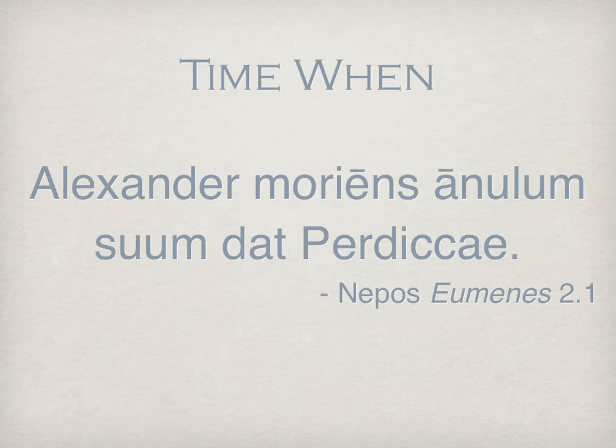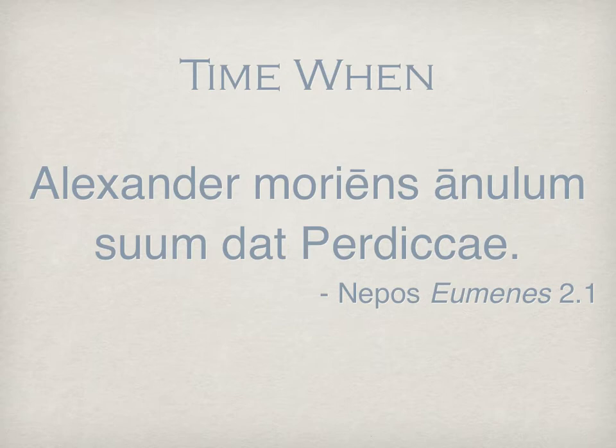Perdiccas was one of his generals, and this sentence says, Alexander, as he is dying, gives his ring to Perdiccas. The participle we could just translate as, Alexander dying, or the dying Alexander gives his ring to Perdiccas.